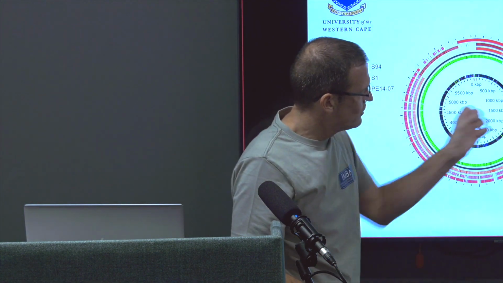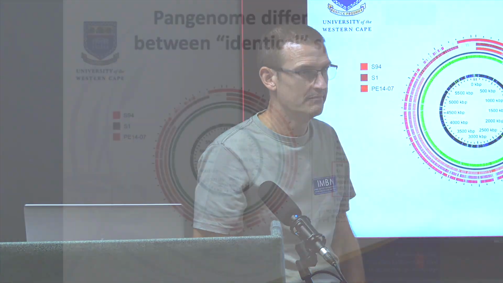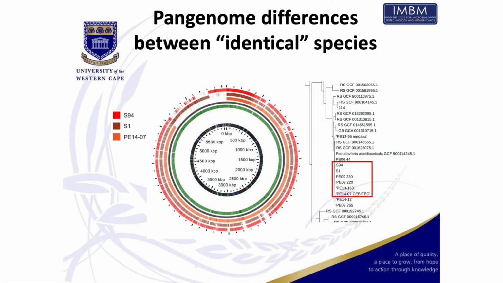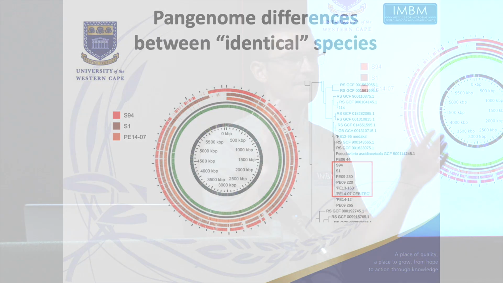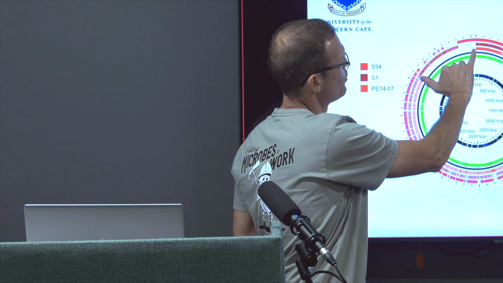So when I do this exercise with these 3 bacteria, essentially they come out as the exact same species. So if there's a branch length, then it signifies that they are different. These guys essentially lie on a straight line, indicating that if given those 120 marker genes, they are identical. But if I compare the whole genomes, I can see that there are large portions of these genomes that don't match.